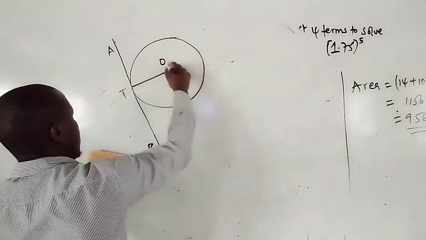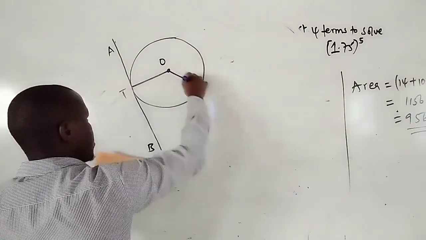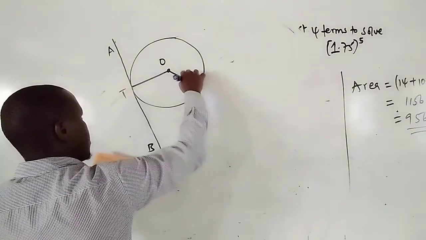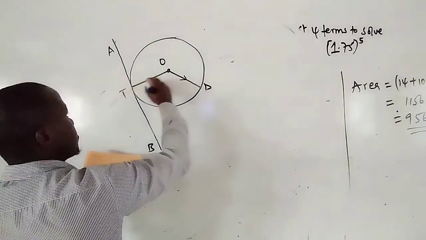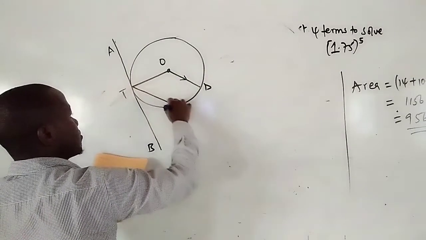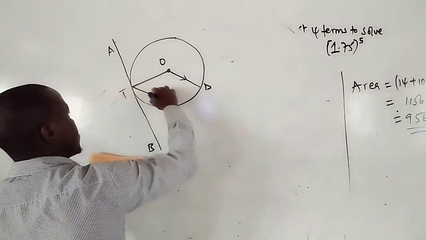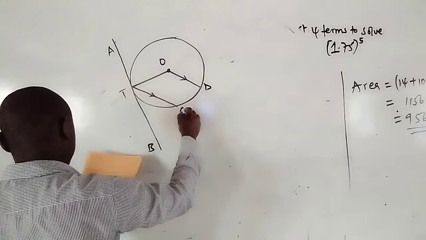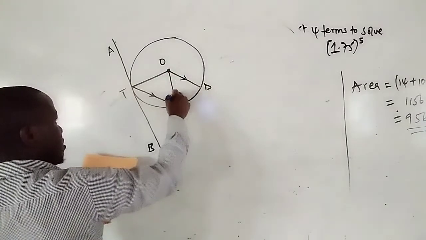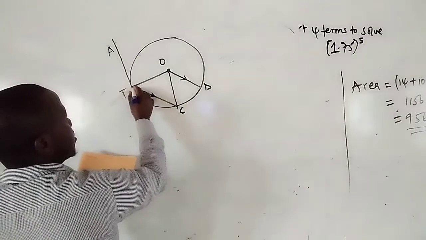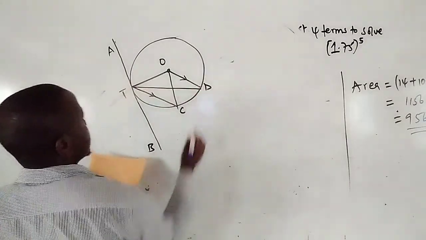Then this is center O. This is D. This is C. Then we have this connecting here, and this connecting there.